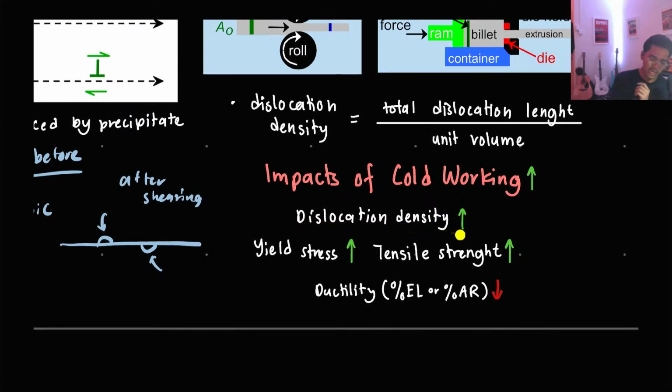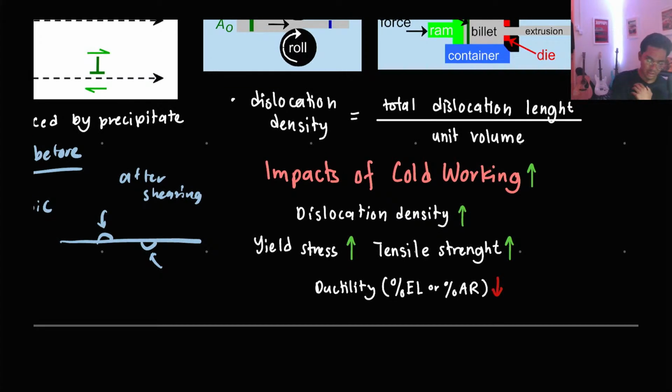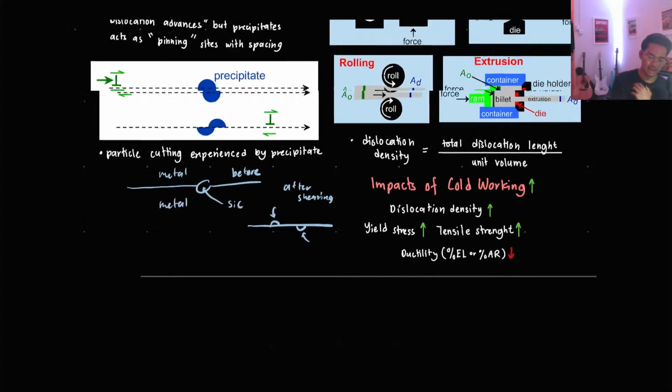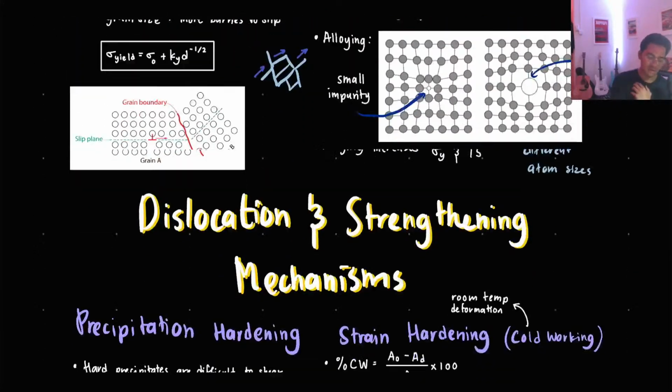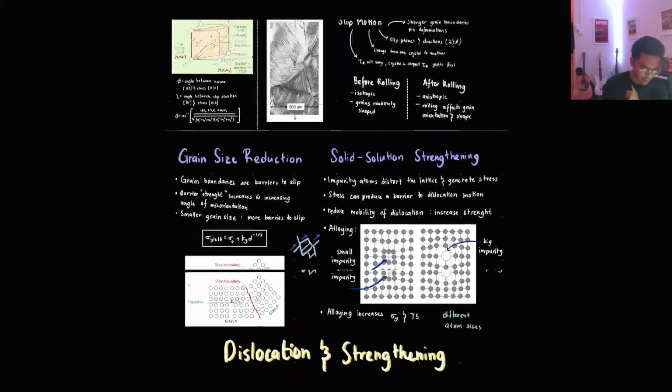So the higher the dislocation density, the higher the yield stress, the higher the tensile stress, and the lower the ductility. Okay. So if you want a harder material, a stronger material, you need to increase the dislocation density. Okay. So are there any questions for the first chapter?